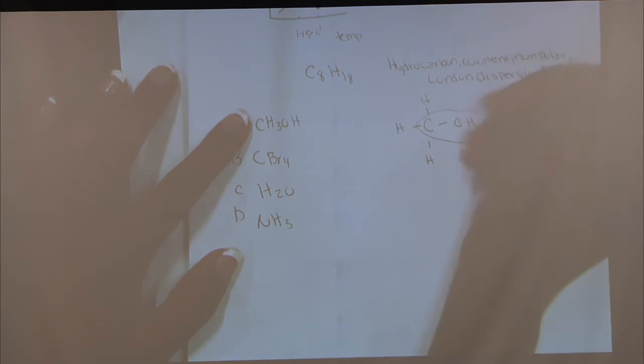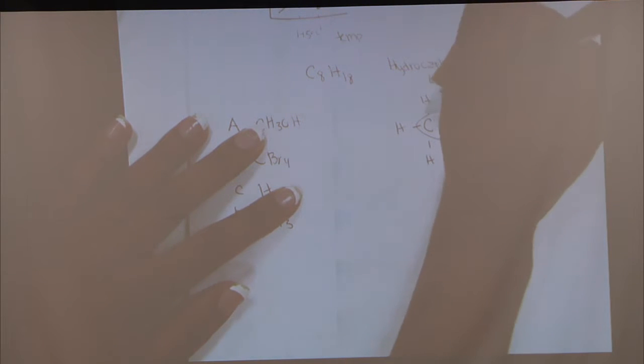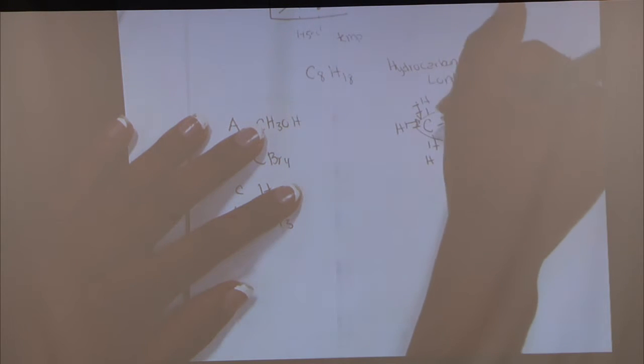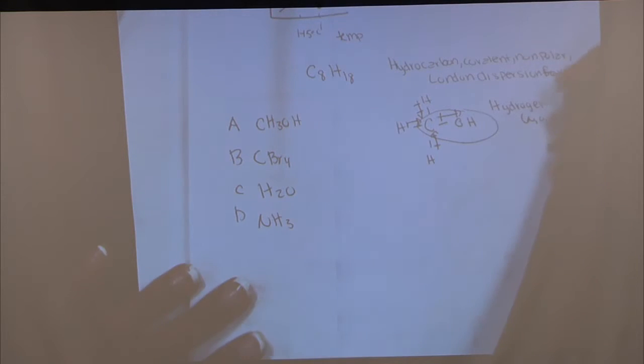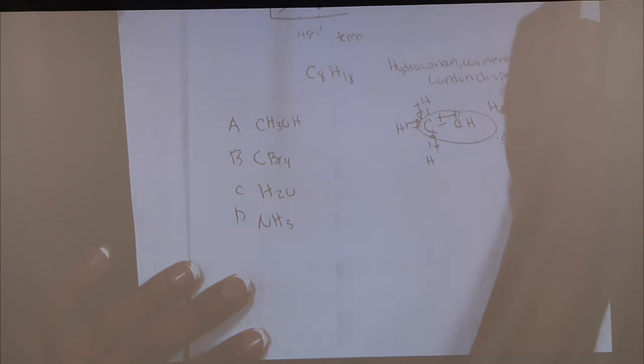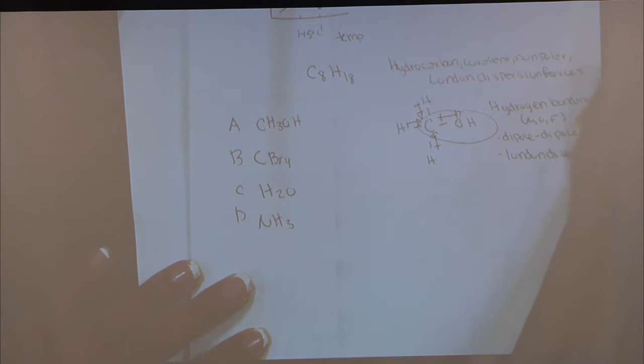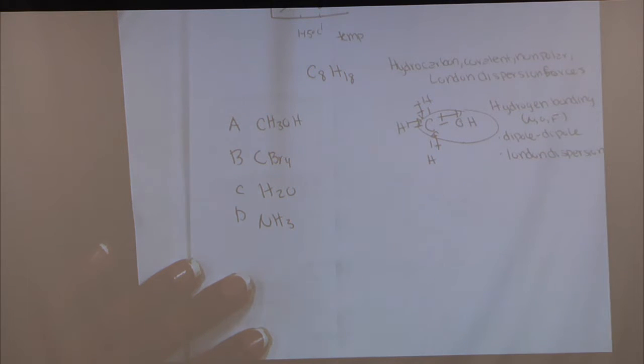And then also, this is a polar molecule because you have all of these dipoles facing towards the carbon, but then you have this one facing towards oxygen. So there's a little dipole moment here. So this is also polar. So if it has hydrogen bonding, we know that it is dipole-dipole. And we also know that it has London dispersion forces. And also, every molecule and every compound has London dispersion forces.